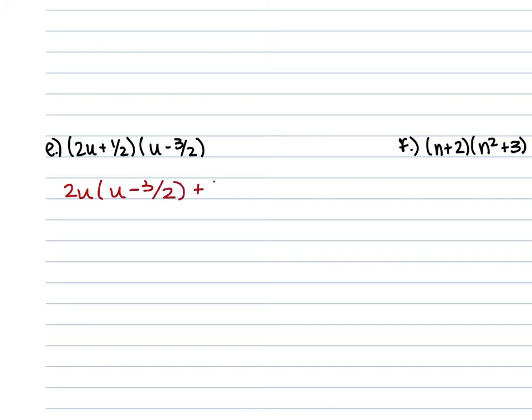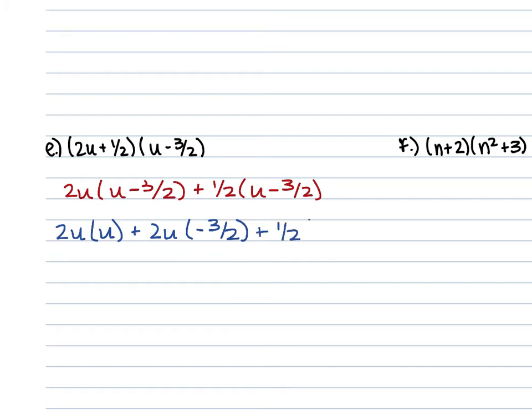And then I'll distribute the 1/2 into u minus 3/2. From here, the 2u times u is what we'll do first. Then we'll do a positive 2u, because 2u is positive, times a negative 3 over 2. Then we have 1/2 times u, and 1/2 times negative 3 over 2.